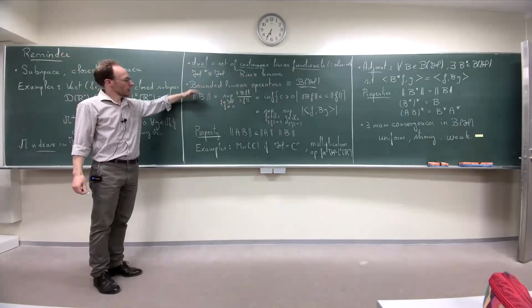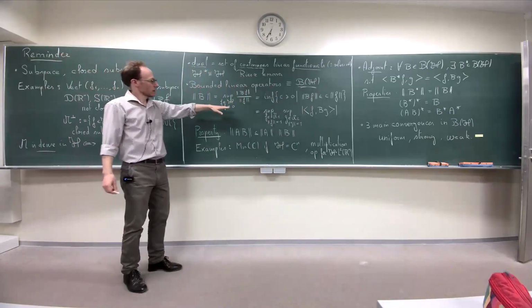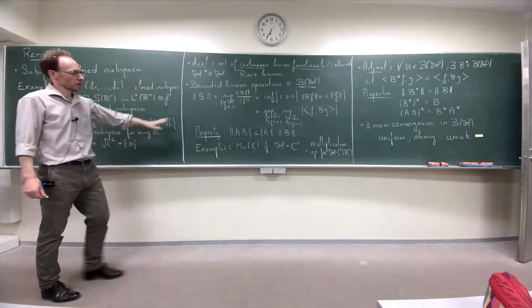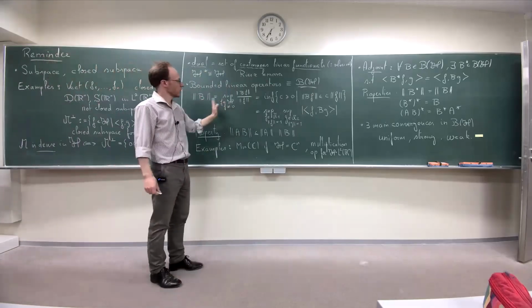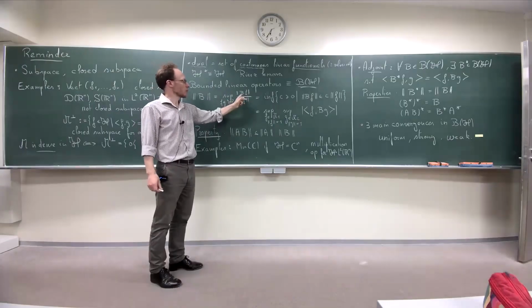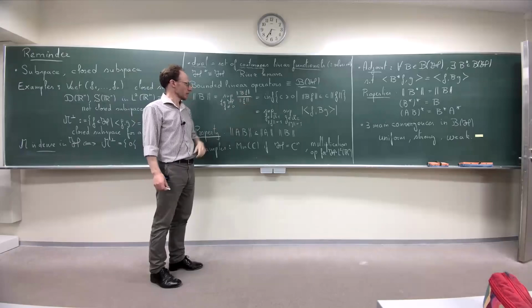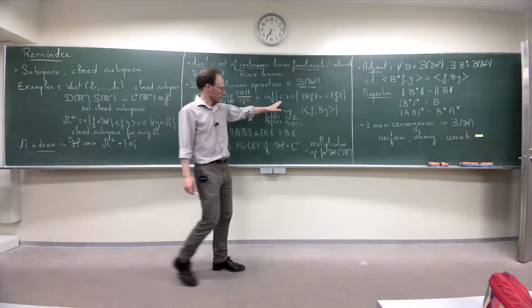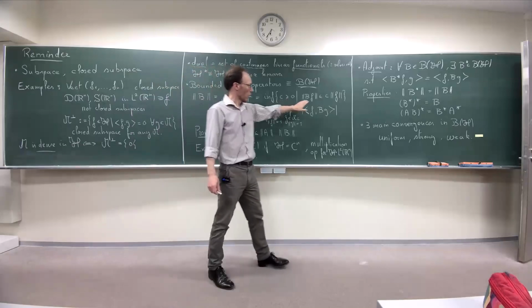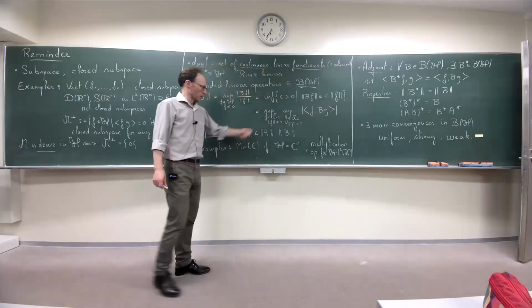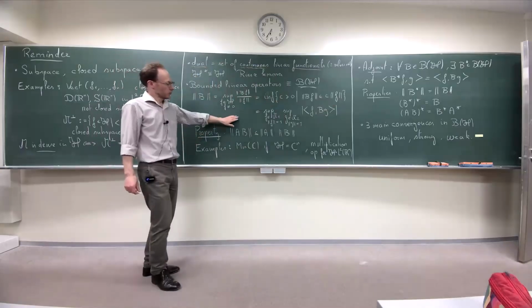The norm of an element of B of H is given by these three expressions. It's not completely trivial to check that they are equivalent, but indeed, either you take the supremum of the maximal number, or the supremum over this expression divided by the norm of F, or you take the infimum over all C which satisfy this inequality, or this one, which is convenient.